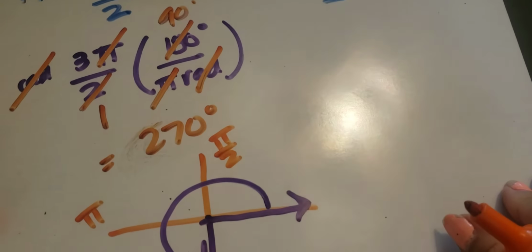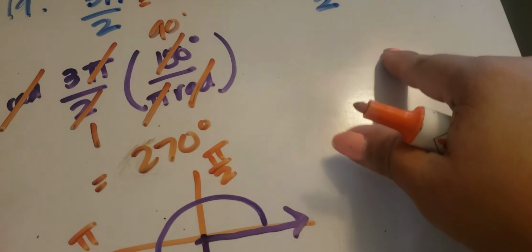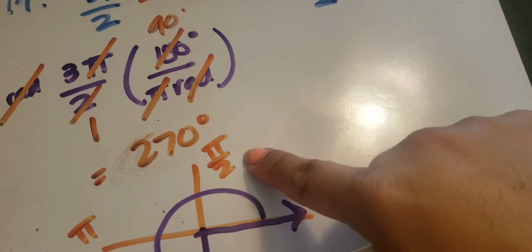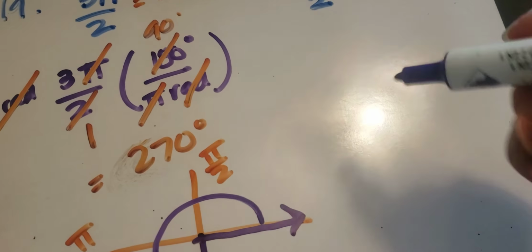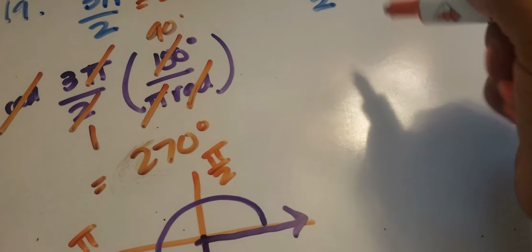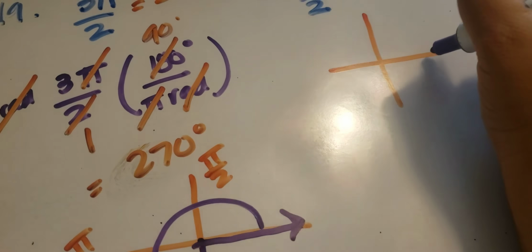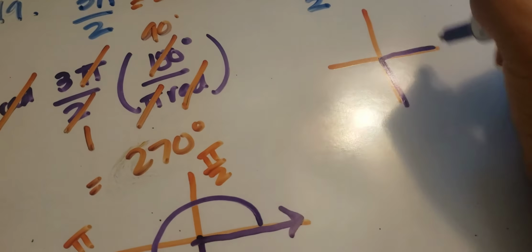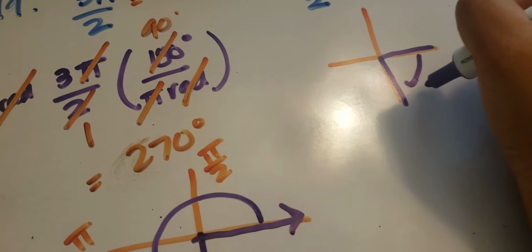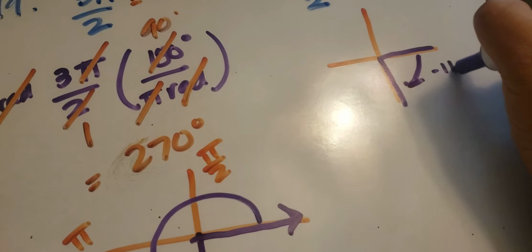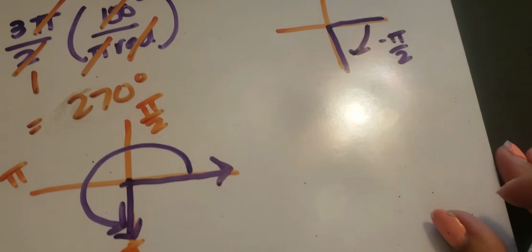I did this just to show you how we can convert it, just in case you're having trouble. So if this is pi over 2, negative pi over 2 is basically just a quarter, but because it's negative, we would draw it down here. And this right here is negative pi over 2.